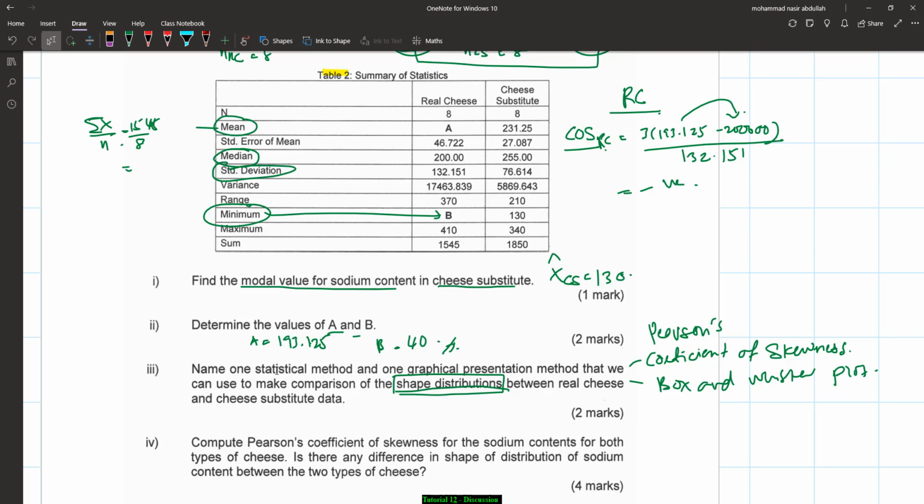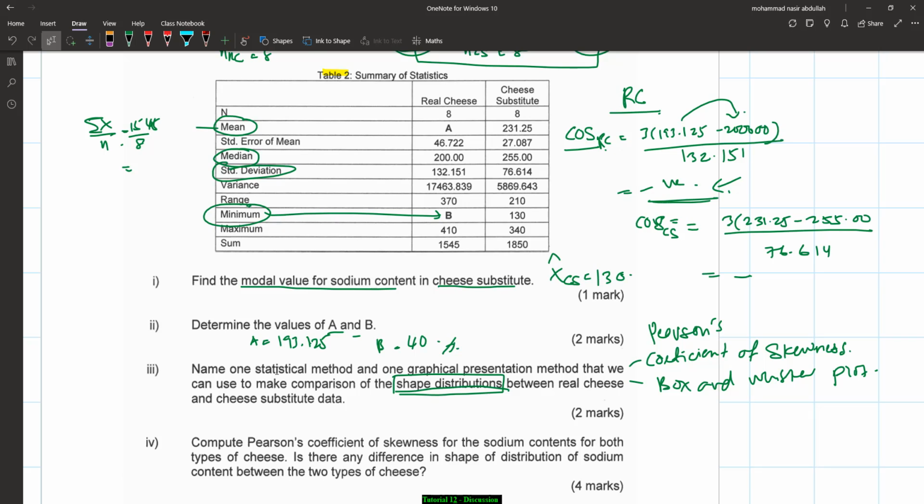And then coefficient of skewness. So tapi you need to put the value here lah. You need to calculate and put the value here. So we already know this is a negative value lah. For COS for cheese substitute will be 3 multiplied with mean 231.25 minus median 255.00 divided by standard deviation 76.614.